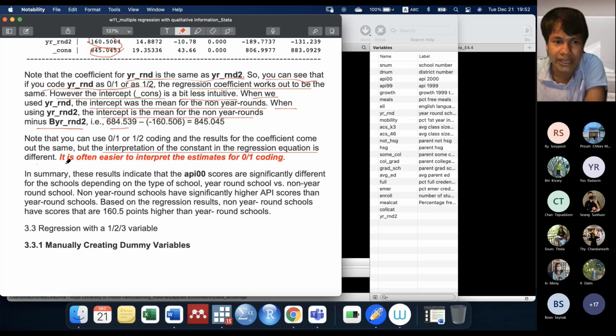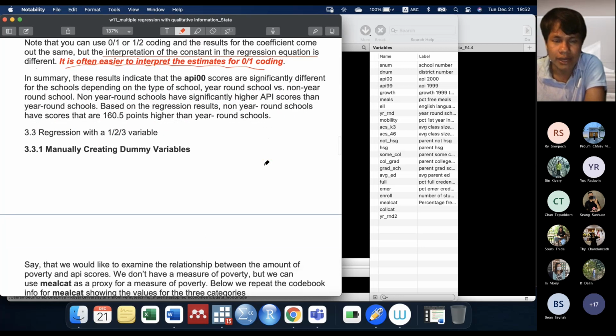So I highlight in red here: it is often easier to interpret the estimate for 0, 1 coding. What we demonstrate here is that the coefficient is the same, but the constant is no longer the same, and you have to look at the mean score. It is another interpretation.